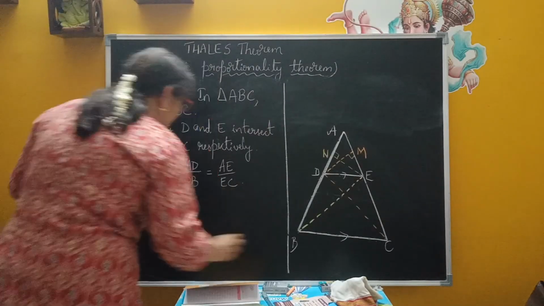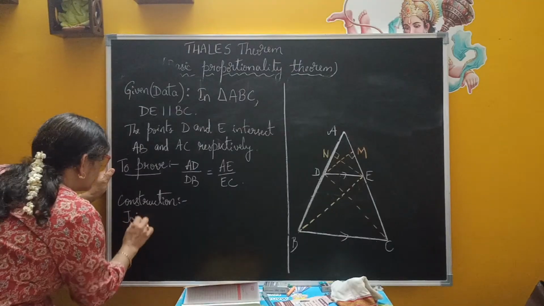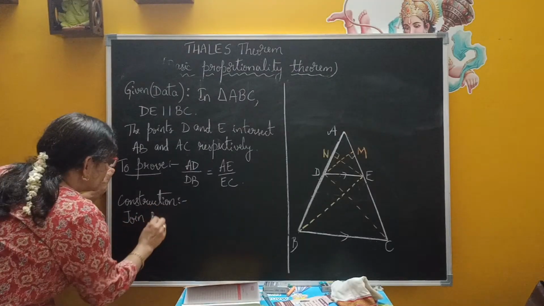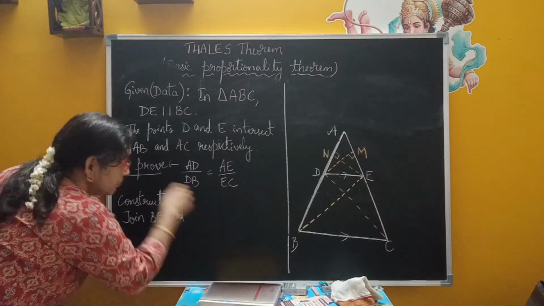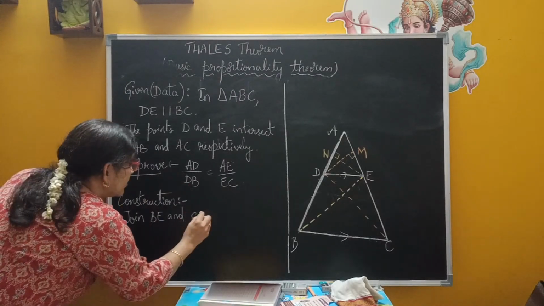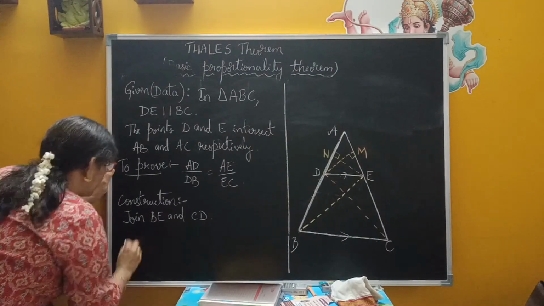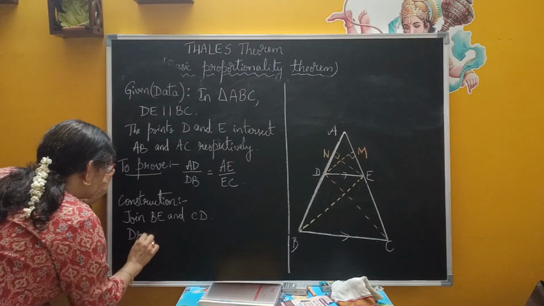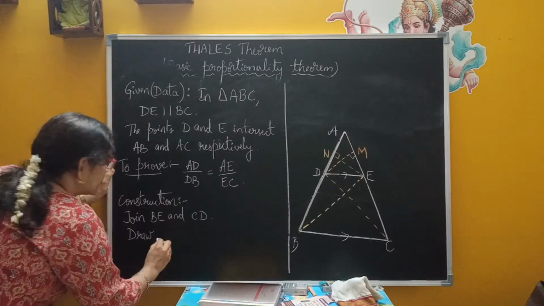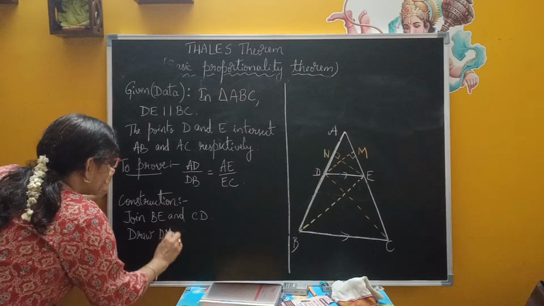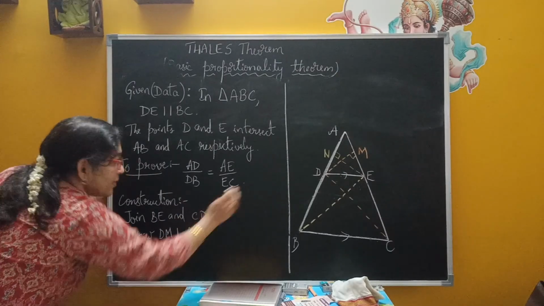Right, now what construction have we done? Join BE and CD, and draw DM perpendicular to AC, the whole side.